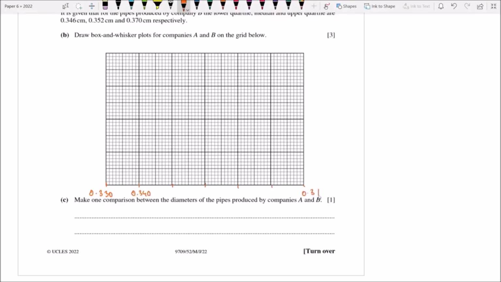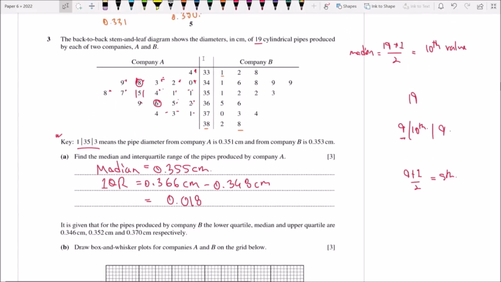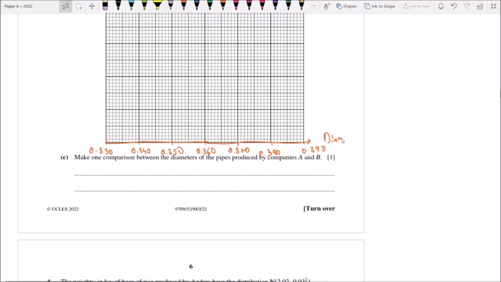So that's perfect scaling. By the way, in the mark scheme, they did it in a different way. The axis label is the diameter in centimeter. They used 33 times 10 to the power minus 2 in the scaling. You could also do it that way. That's fine. I just chose to use the exact values.